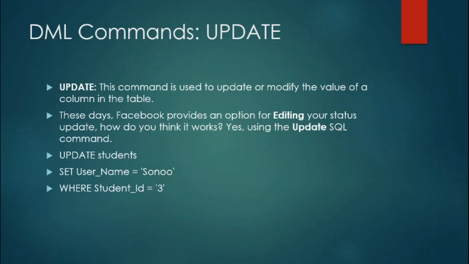For example, if I write only the first two lines, update student set username equal to Sonu, it will update all the usernames as Sonu for the table student, as I have not provided the filter criteria. So try to specify the filter criteria while running update queries. But even if you have run the update command, there are chances that you can roll back, because these DML commands are not auto committed.